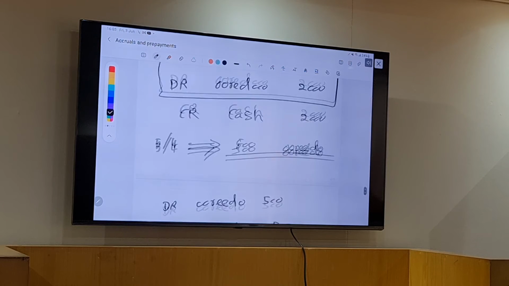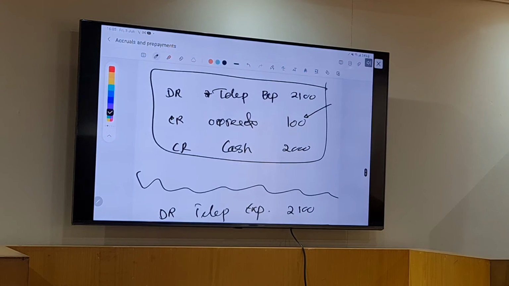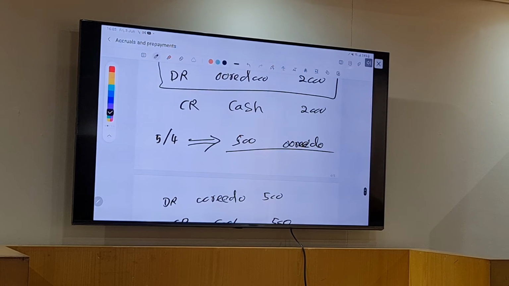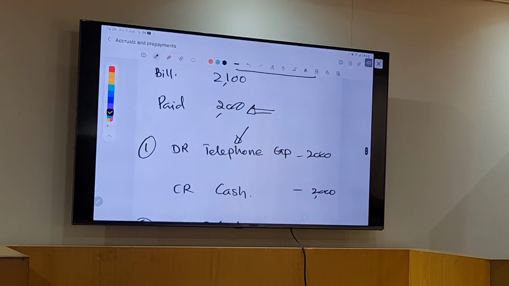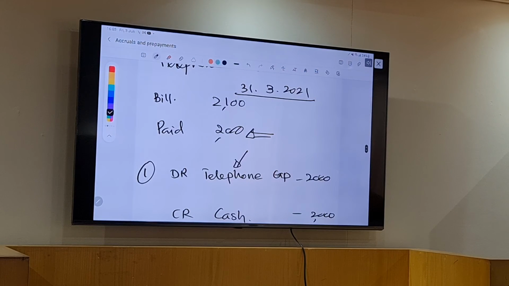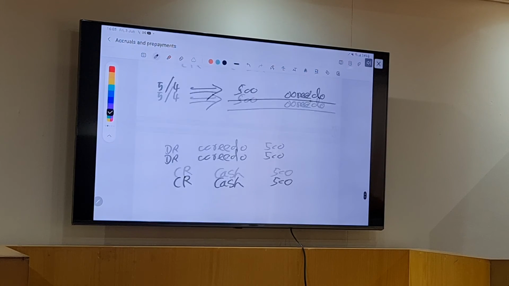Already I need to pay Ooredoo 100, and now I paid 500, so some of our money is sitting with Ooredoo. 400 will be the net debit balance. So this is the type of interchanging scenario. Anyway, this example we have written here is to interpret the accruals. Now let's talk about prepayments.